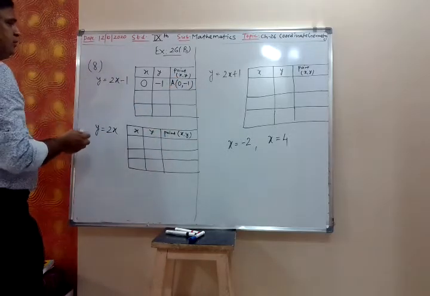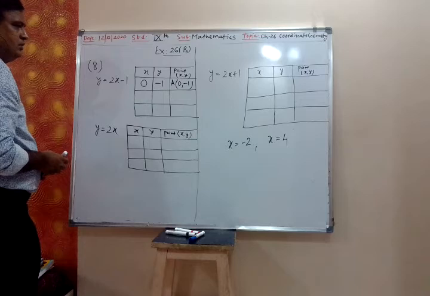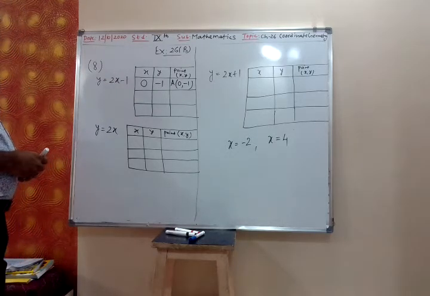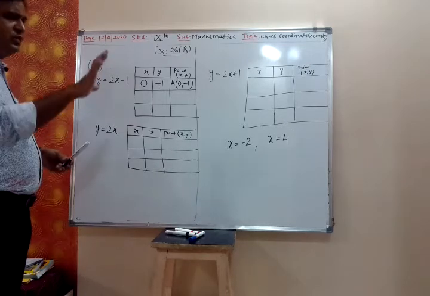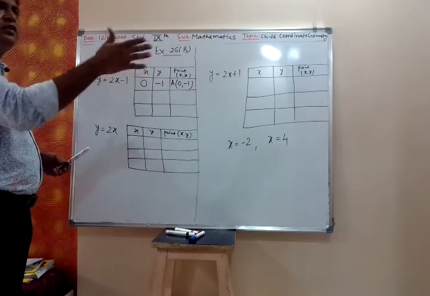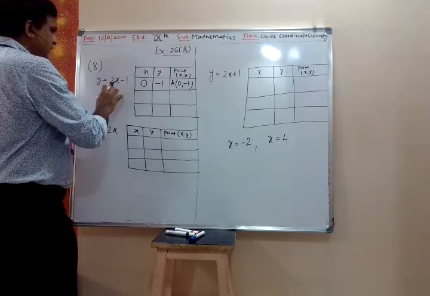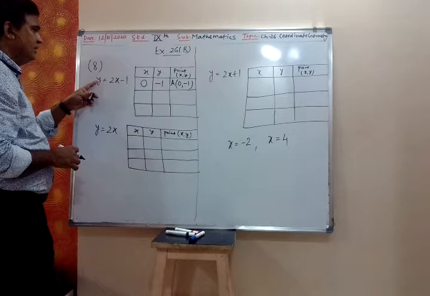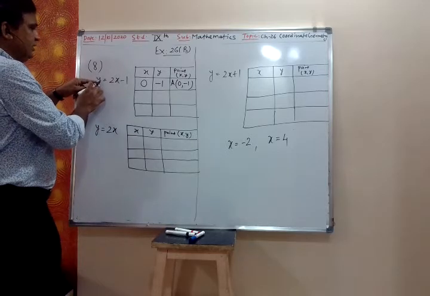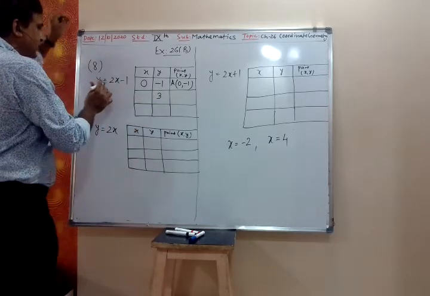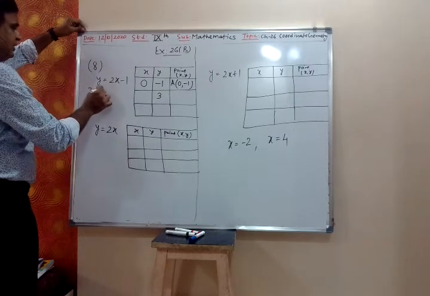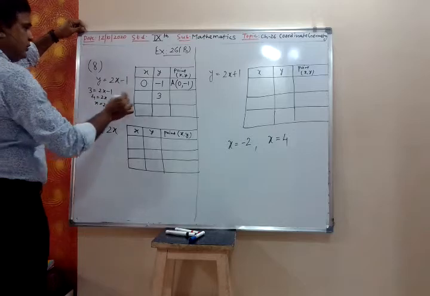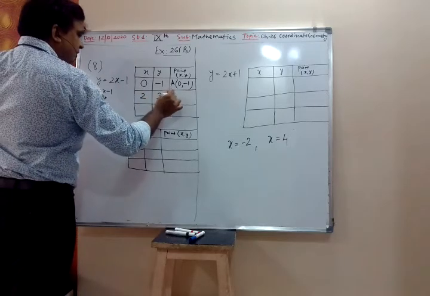Now put y is equal to 0, or see here, you can take y is equal to 3. When y is 3, what will you get? 3 is equal to 2x minus 1. So 4 is equal to 2x. So x is equal to 2. So you get the point 2 comma 3. That is B, 2 comma 3.